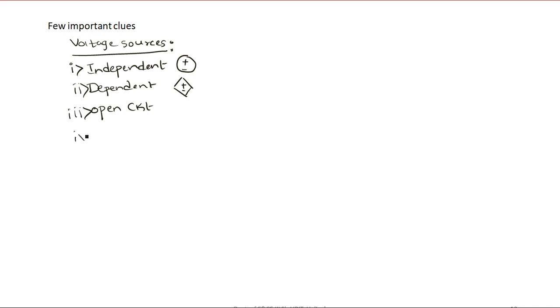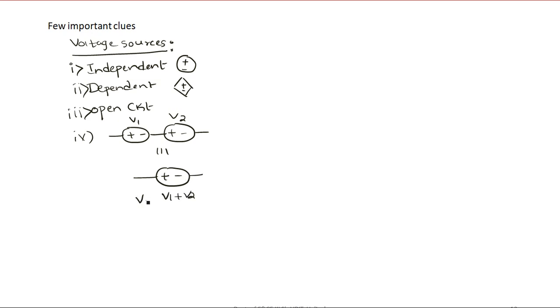Fourth one is, now if you have two voltage sources connected in series, assume that V1 and V2. So what will be the equivalent voltage source? The equivalent voltage source value will be plus minus V1 plus V2.